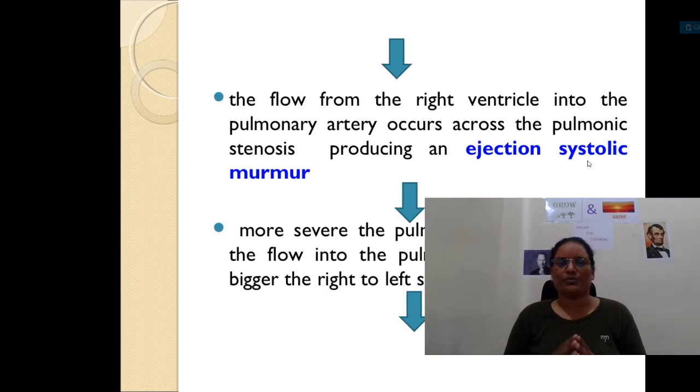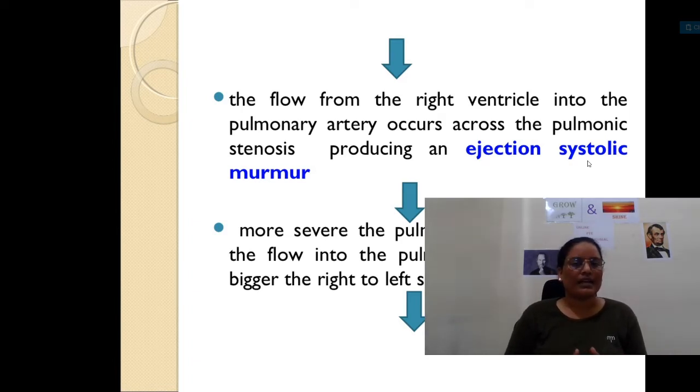Then the more severe the pulmonic stenosis, the less the flow into the pulmonary artery. Meaning the more narrowing of the pulmonic valve, the less blood is received by the pulmonary artery and the less blood pours into the lungs for purification.